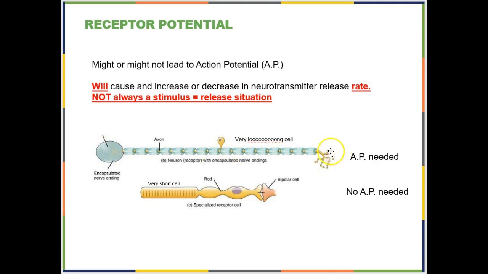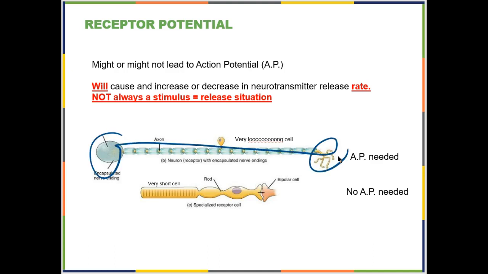That would mean this business end here is in your spinal cord. So that axon has to be as long as your arm to get information from your thumb all the way to your spinal cord.